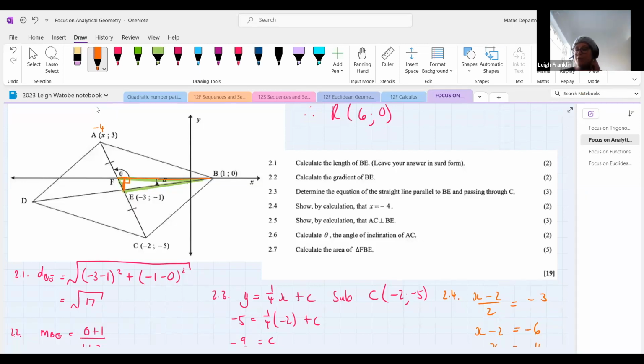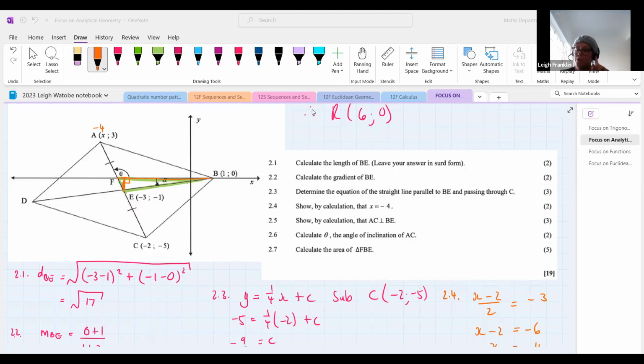Do we know the length of that line? Almost. That's the x-coordinate. The distance that point E is from the x-axis is not 3 units. It's 1 unit.